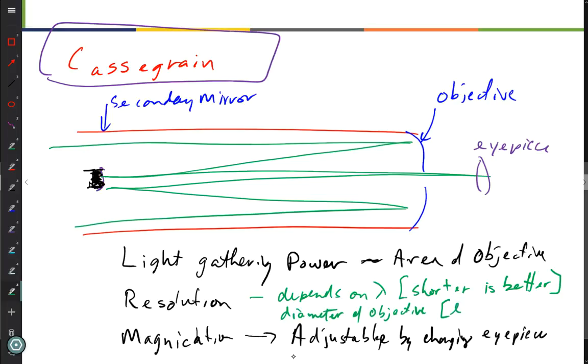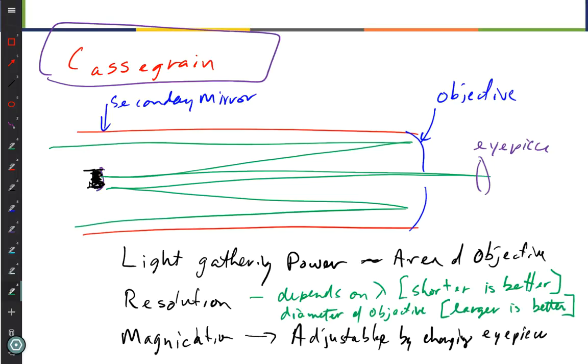And larger is better. So when you look at these, what's going to give you the best light gathering power? A small or a large objective? Large objective. What's going to give you the best resolution? A small or a large objective? A large objective again.